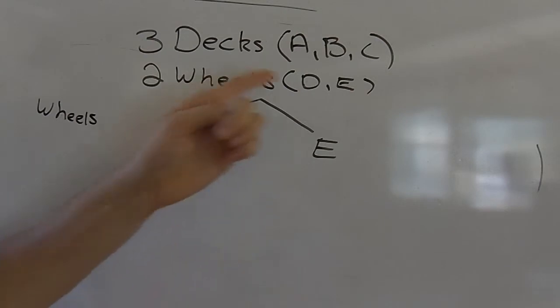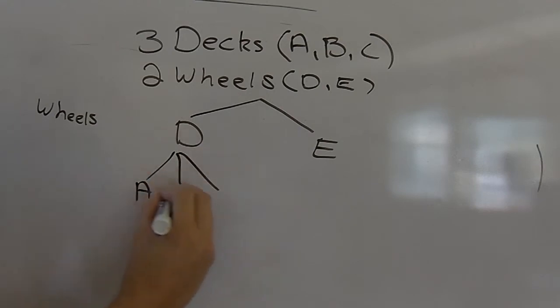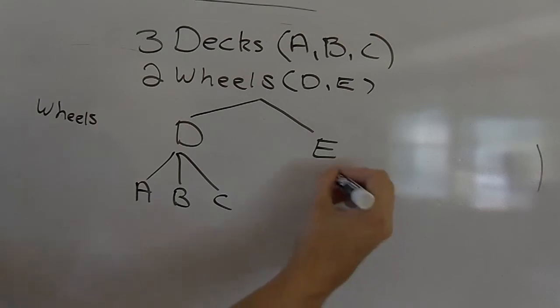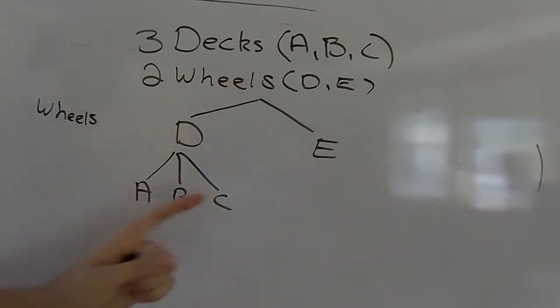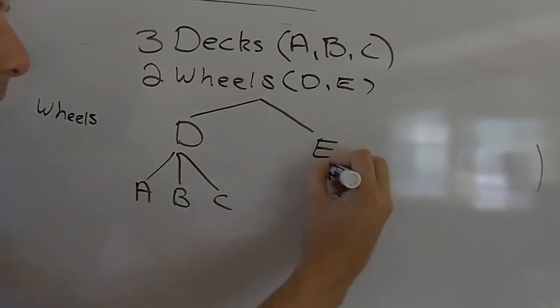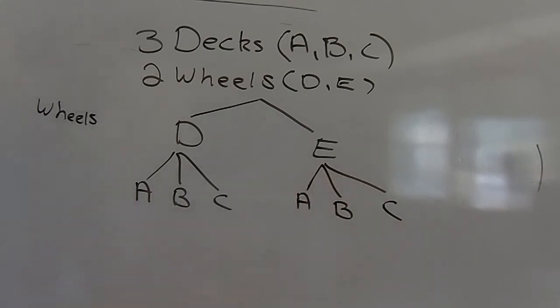Now for each wheel, I have 3 different decks I can choose: A, B, or C. So I can have wheel D with deck A, deck B, or deck C, or I can have wheel E with deck A, deck B, or deck C. So total, I have 6 different combinations.